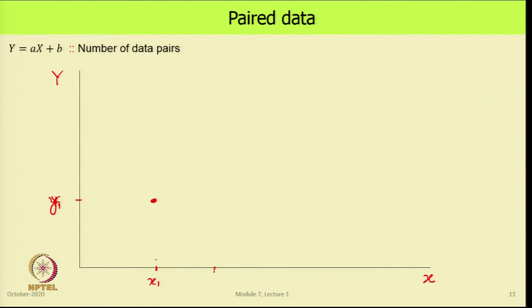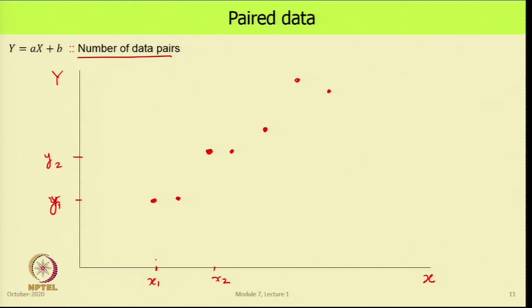Then we take another pair x2 and say this is y2, and we see where they fall, and we say that this is my point corresponding to x2, y2. Like that, we can put many more points. And they could lie whichever way they lie, the experiment is telling us this is what it is. So, we got that many points, and this is our pairs of data that we work with.